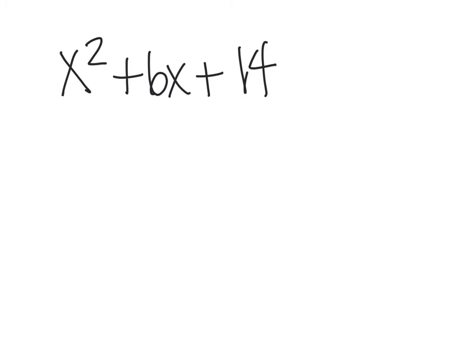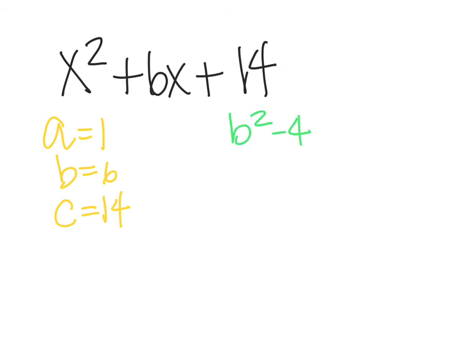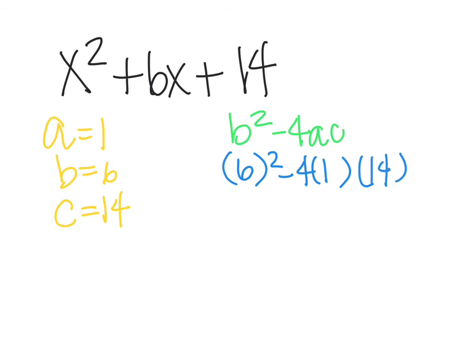So the very first thing we are going to do is identify a, b, and c. So a in this problem is 1, b is 6, and c is 14. If I plug those numbers into the discriminant, b squared minus 4 times a times c, the b is going to be positive 6. So it'll be 6 squared minus 4 times a, which is 1, times c, which is 14.